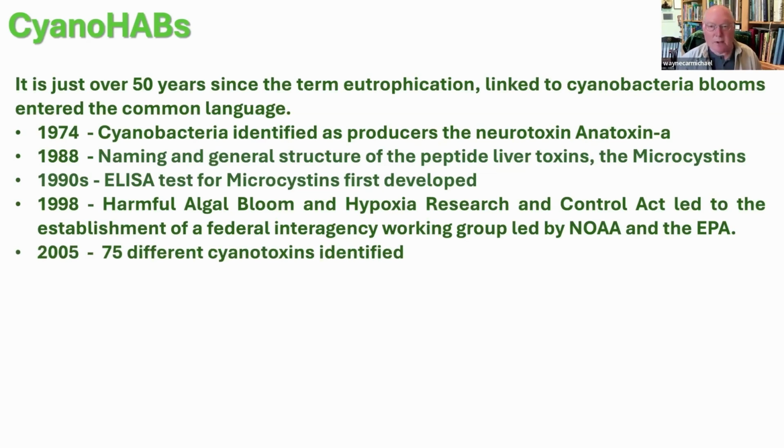Most of those were microcystins because microcystins comprise many different analogs of a pentapeptide, and all you have to do is substitute different amino acids and you have a different microcystin. By 2015, there were about 300 different cyanotoxins. Again, many of those were microcystins. There are well over 200 microcystins. Fortunately, those microcystins can be largely detected by that same immunosorbent assay methodology.